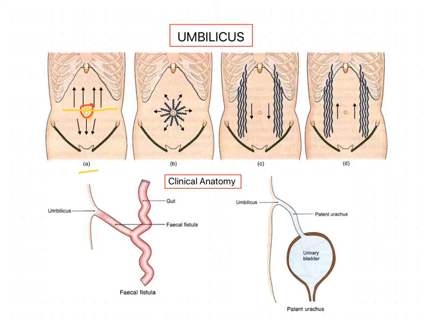Above this level of umbilicus, the flow is upwards. The lymph and venous flow is upwards, whereas the flow below this umbilicus is downwards. So this is the normal flow of venous drainage and lymphatic drainage seen here.